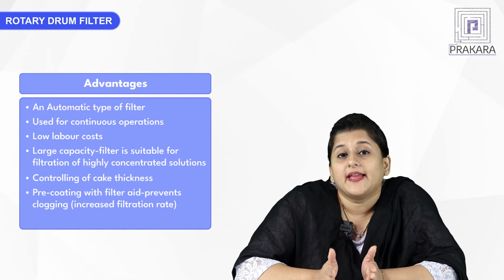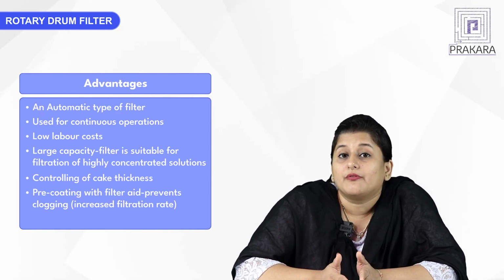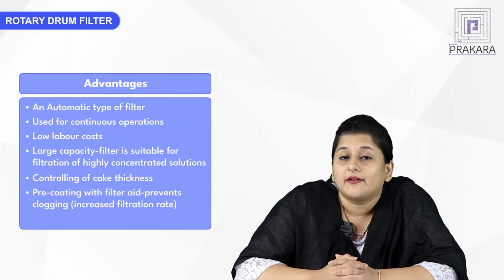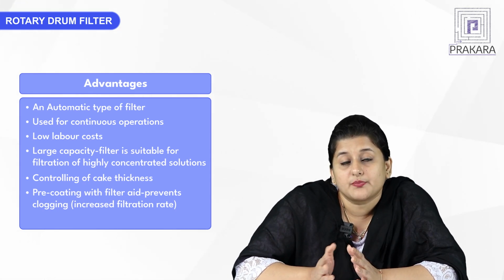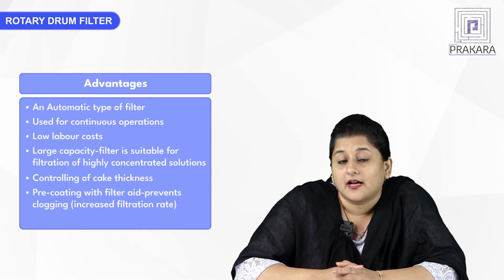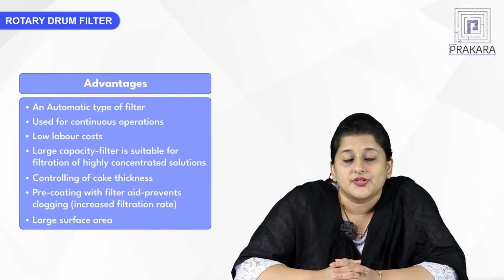Pre-coat or filter aid provision can also help in prevention of clogging, which is another advantage, and therefore it tends to have an increased filtration rate as opposed to many other apparatuses that we have discussed. It tends to have a large surface area as well because of the size of the drum.